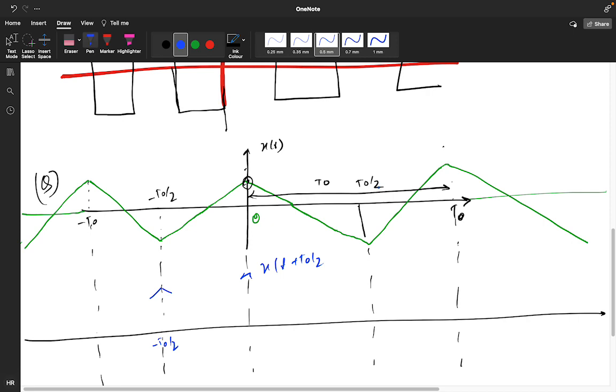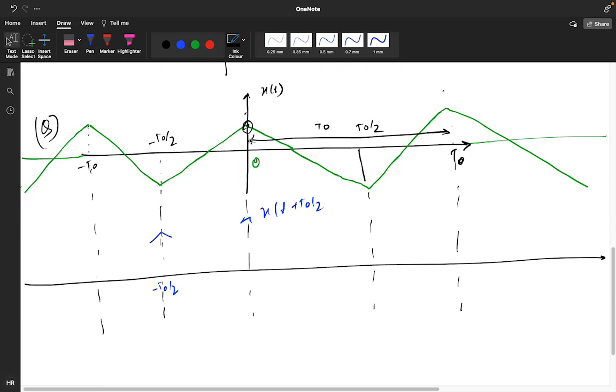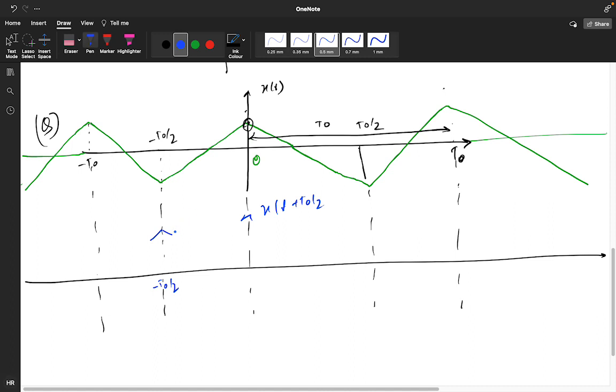And t naught by 2 will become 0. So you are getting here. And t naught will become t naught by 2, so we'll get here. Okay, so you are getting like this.